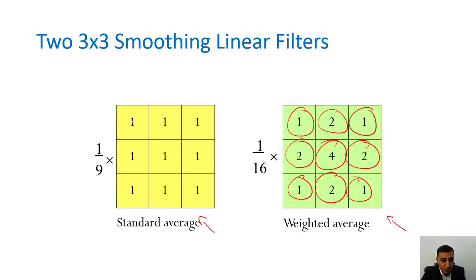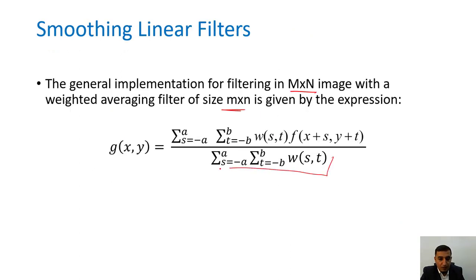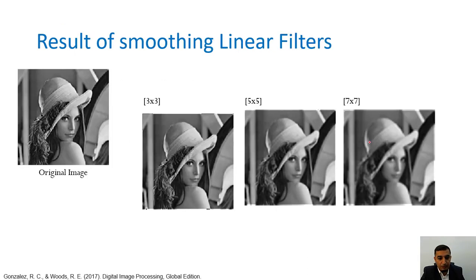Over here we sum 1 plus 1 plus 1 plus 1 will give you 9. Over here we sum 1 plus 2 plus 1 plus 2 plus 4 plus 2 plus 1 plus 2 plus 1 will give you 16. So we sum the filter, and here is the original applying of the filter mask to the image.